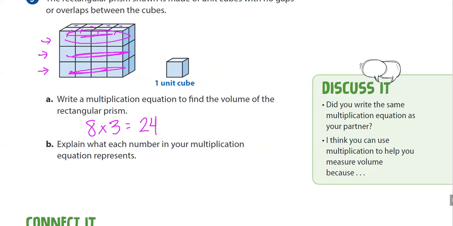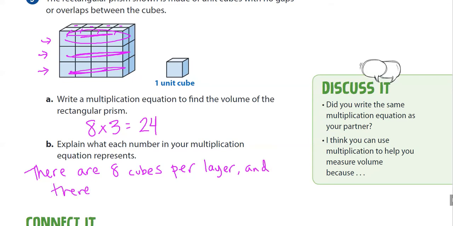Explain what each number in your multiplication equation represents. There are 8 unit cubes per layer, and there are 3 layers.